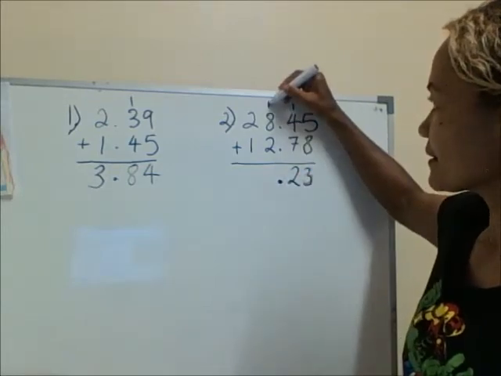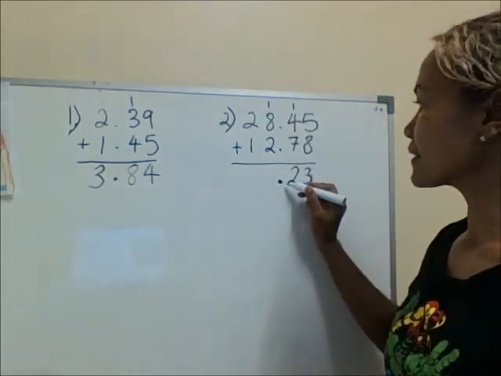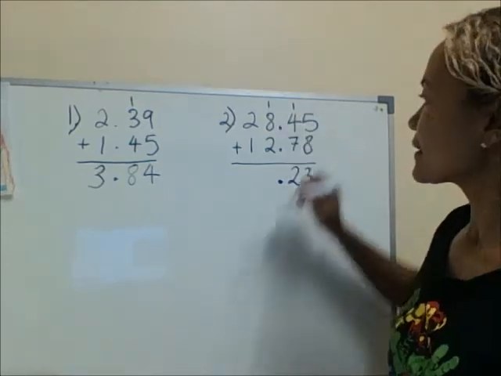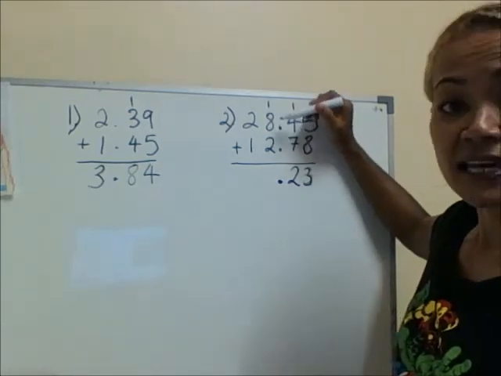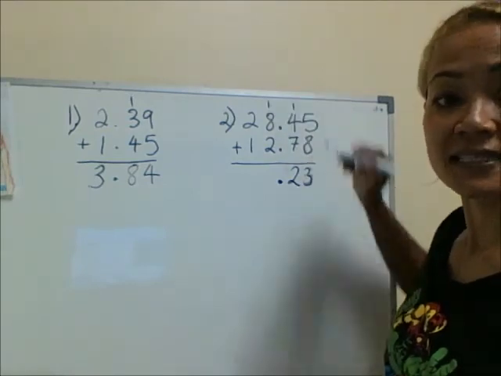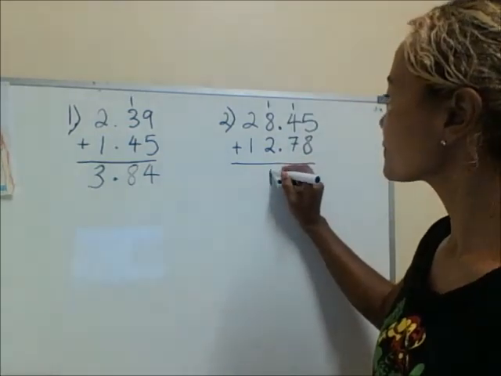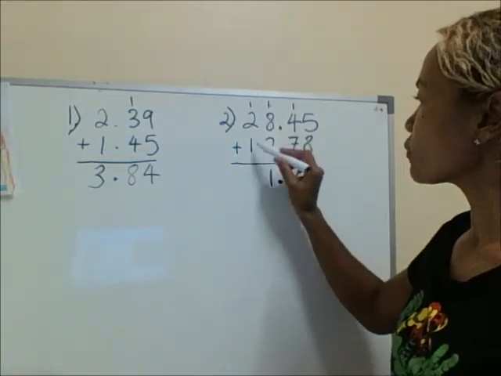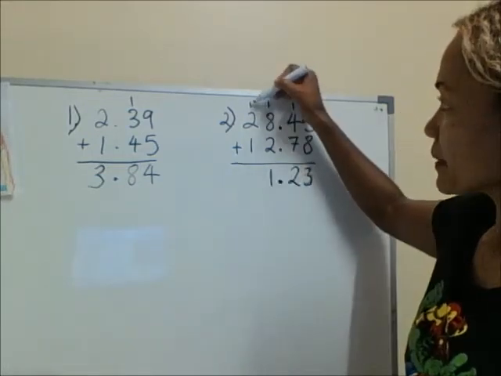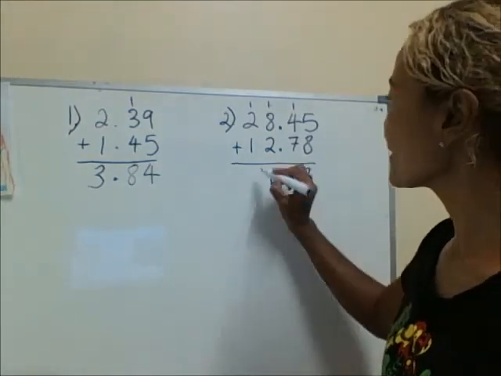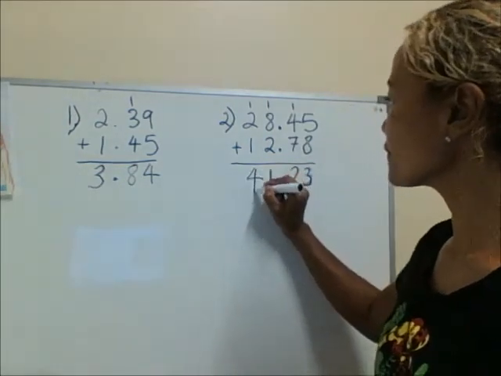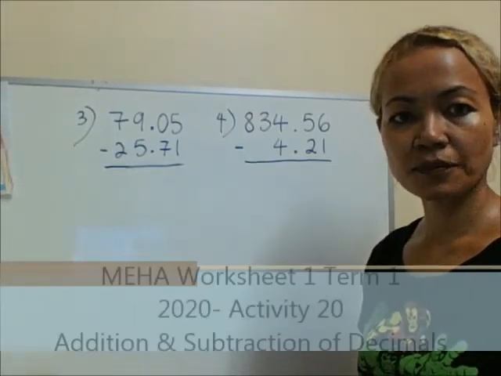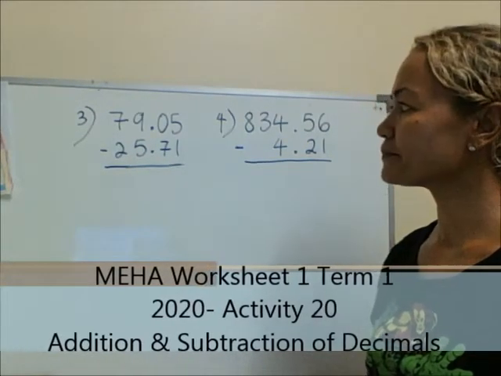You carry the 1. Make sure you put the decimal place exactly under the other 2. Then 8 and 2 is 10. Plus 1 is 11. Carry 1. 4 and 1 is 5. Plus 1 that you carried across. And that gives you 6. And that's your answer.